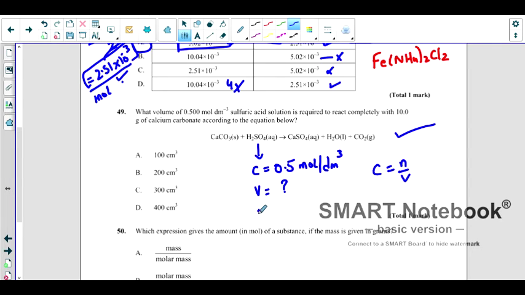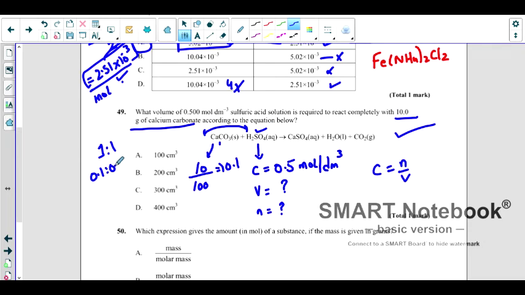By any means we have to find the number of moles here. But we are told that it's 10 gram of calcium carbonate. It's grams, better to convert it into moles. So it is 10 over 100, it will be 0.1. Now look at the relation. 1 mole is reacting with 1 mole, because the mole ratio is 1:1. So if you have 0.1 mole of this, how much acid do you need? 0.1 mole.